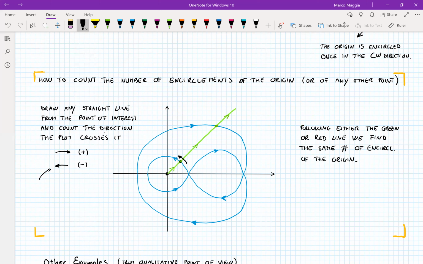So from right to left is going to be minus. So here we have -1. And then at the other intersection, the direction is coming from left and is crossing towards your right. And so we have +1. So the total amount of encirclements, -1 + 1, is equal to 0. So the total encirclements of the origin is equal to 0.